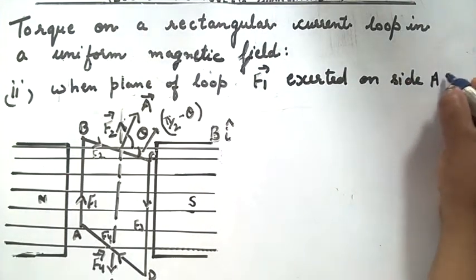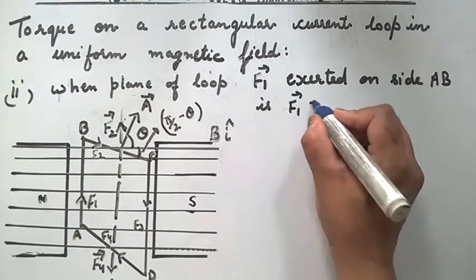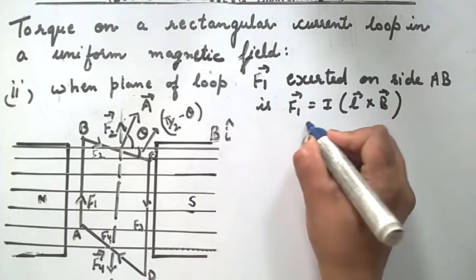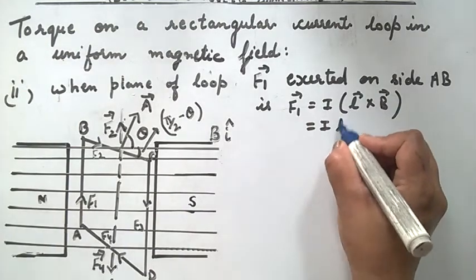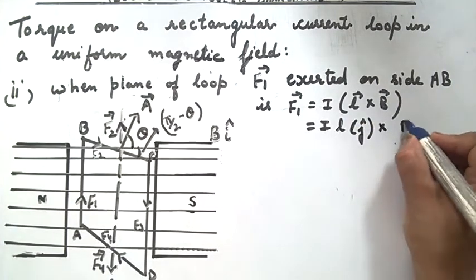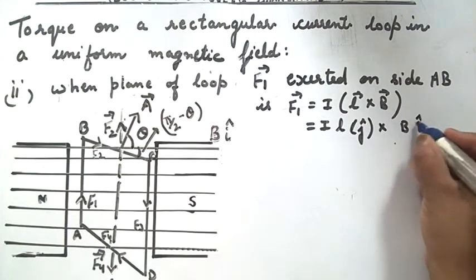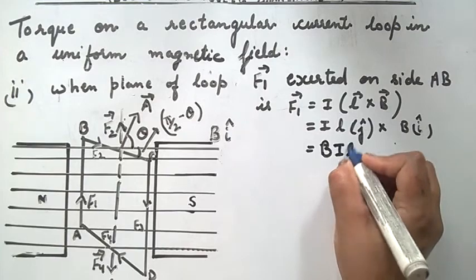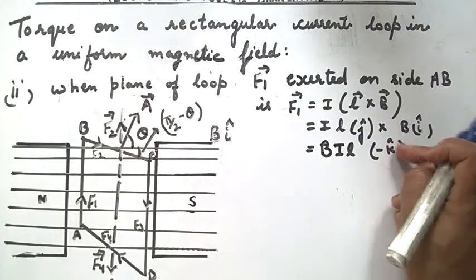By Ampere's law, it is equal to I L vector cross B vector. The direction of L is along the y-axis, that is j cap. B vector is along the x-axis. J cross i is minus k. Therefore, BIL minus k cap, that is along the negative z-axis or into the plane of the loop.